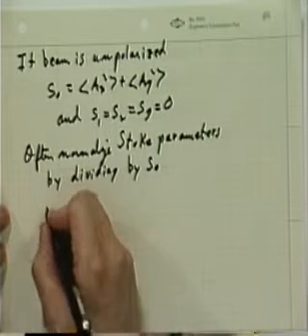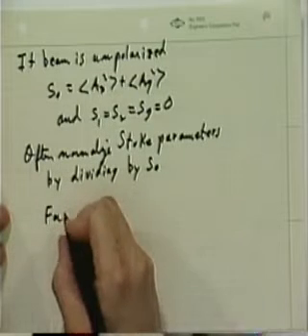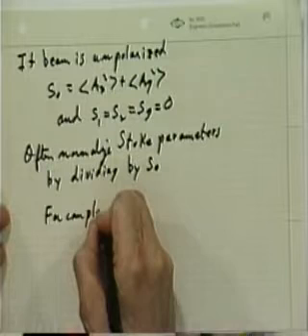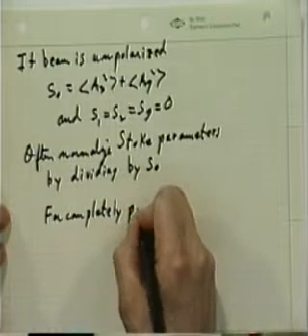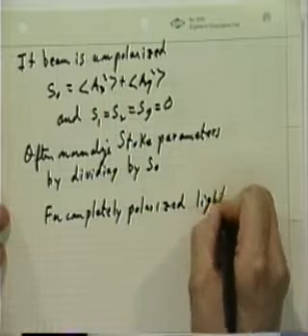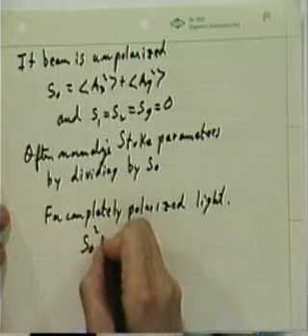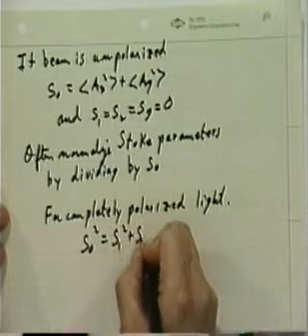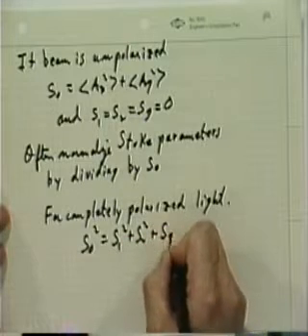And if you go through here, it will turn out that for completely polarized light, S naught squared is S1 squared plus S2 squared plus S3 squared.